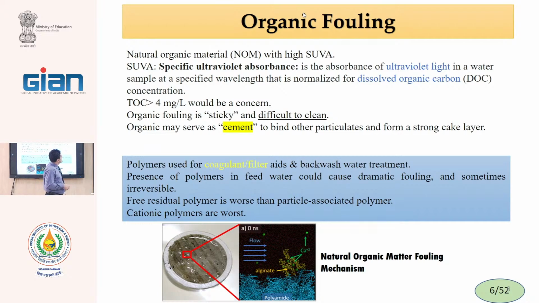Therefore, at the entrance of RO membranes, we must keep the TOC lower than 4 ppm. If we have a TOC higher than 4 ppm, we will have a very bad cleaning problem on the RO and NF surface.